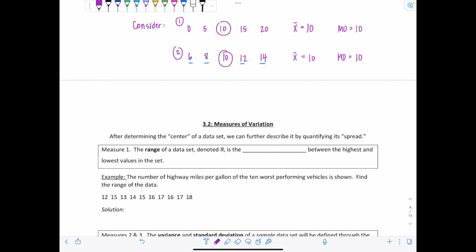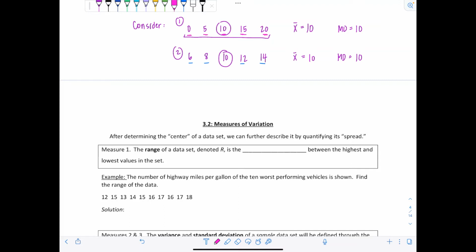So using our measures of center, if we only use the information that we looked at in the first section, both data sets have the same mean, the median, and mode. But would you say that they're equivalent? I mean, no way. Look, this first data set, all the values are more spread out, right? They differ by 5, and the values go all the way from 0 to 20.